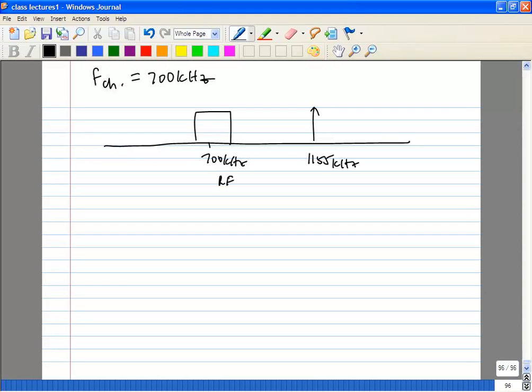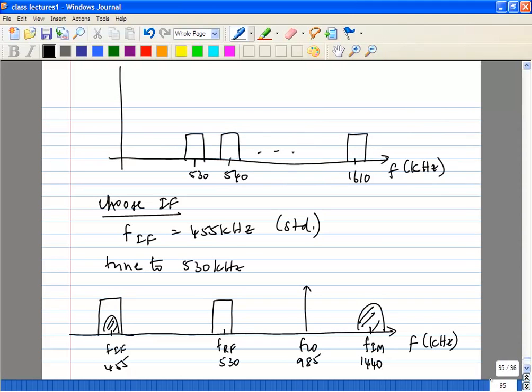So this is your RF, this is your LO, and this is 1610, this is your IM. What does that mean? What is 1610? It so happens that 1610 is the last channel.